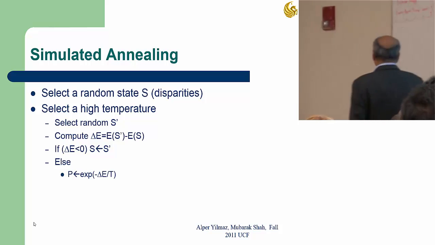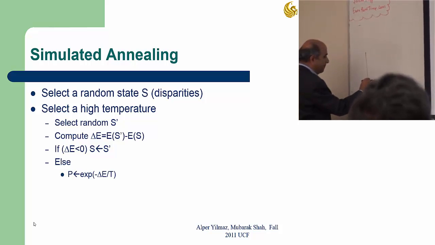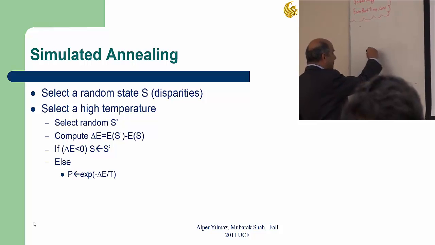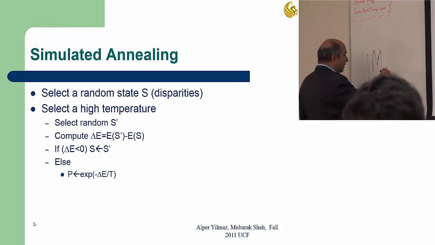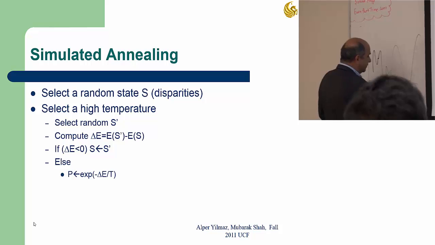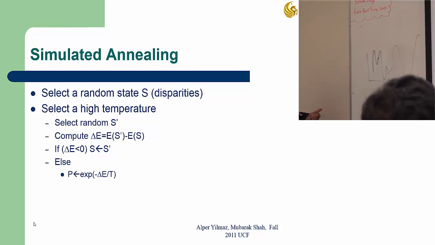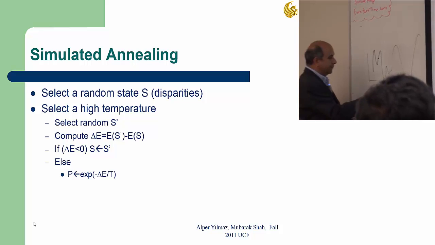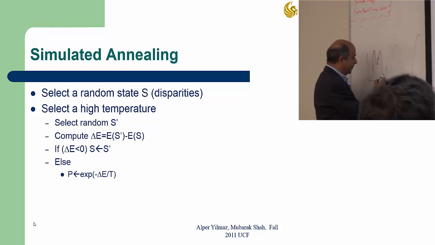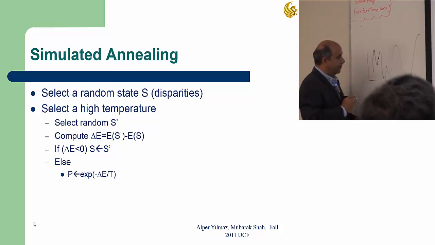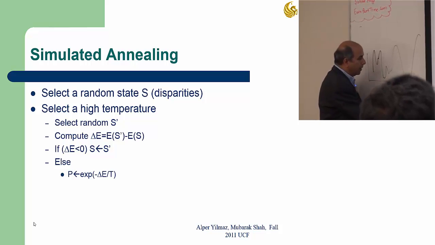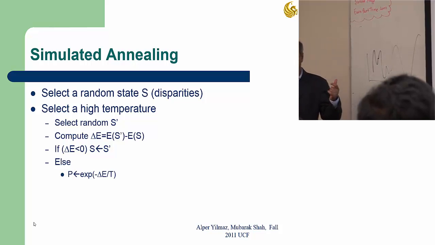Okay. So there is a function. And this function is like this and like this. This is a function, and we want to find out the global minimum of this function, okay?